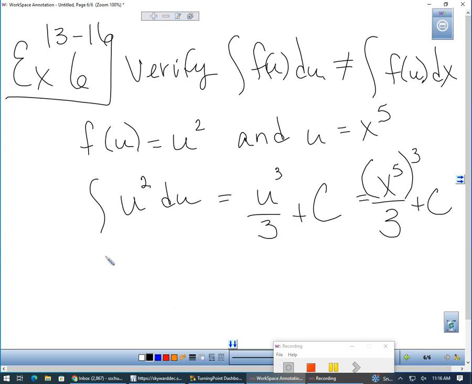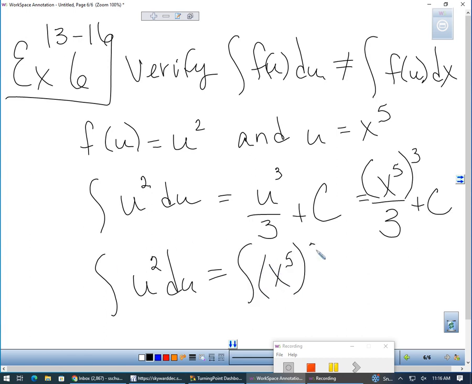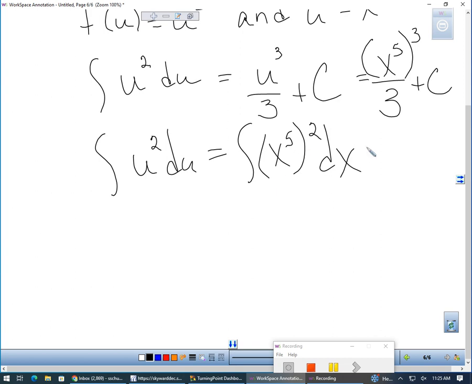Okay. So now we're going to do it the other way. So we're actually going to do the integral of f of u dx. So we're going to say f of u, which is u squared, but this time we're going to plug in our x's right here before we integrate. So we're going to have the integral of x to the fifth squared dx. So that's really the integral of x to the 10th dx.